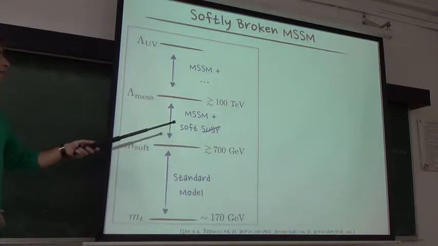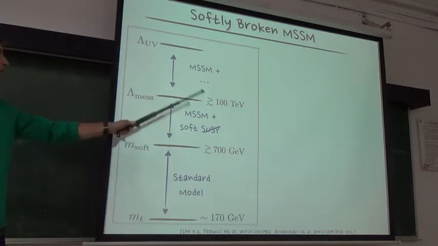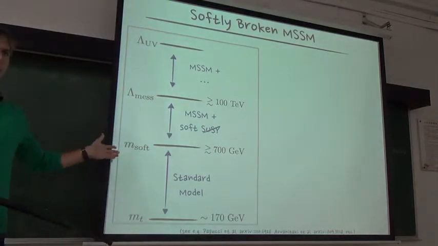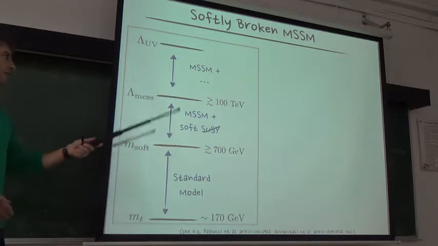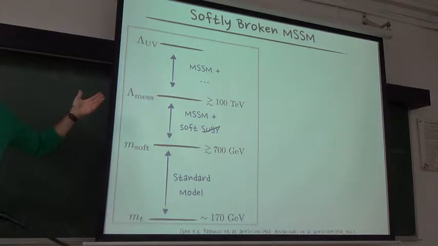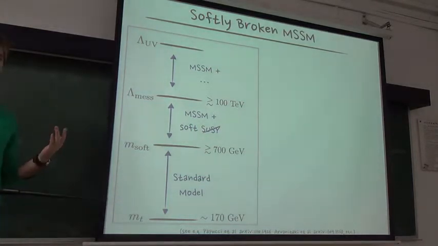So there's a sensitivity to the scale at which these masses for all of these superpartners are generated. And this has the form of a logarithmic sensitivity to a scale we call the messenger scale. So the simplest picture for these models is that there's some hidden sector that doesn't have any standard model gauge charged particles, where supersymmetry is broken dynamically.